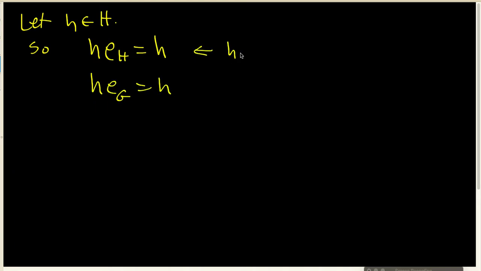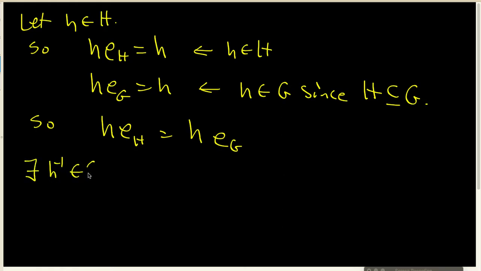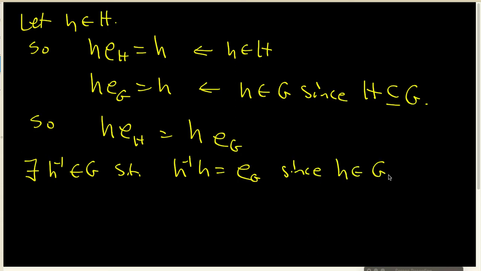This is because h is inside H, and this is because h is inside of G, since capital H is a subset of G. Now, these two h's, of course, are the same, so we can conclude that h times e_H is equal to h times e_G. And I do know that there exists an h inverse inside G such that h inverse times h is equal to e_G, and I know this since little h belongs to G.